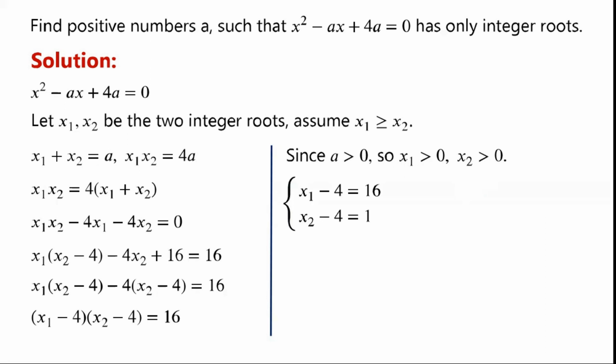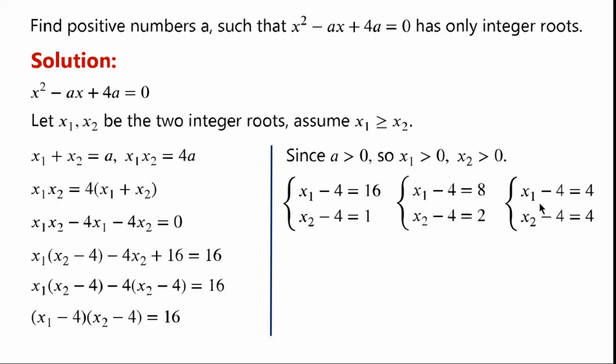So there are three cases: x1 minus 4 equals 16, x2 minus 4 equals 1, or x1 minus 4 equals 8, x2 minus 4 equals 2, or x1 minus 4 equals 4, x2 minus 4 equals 4.